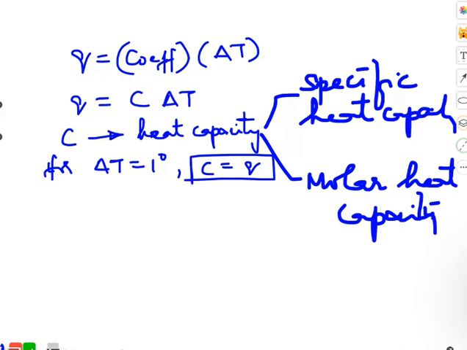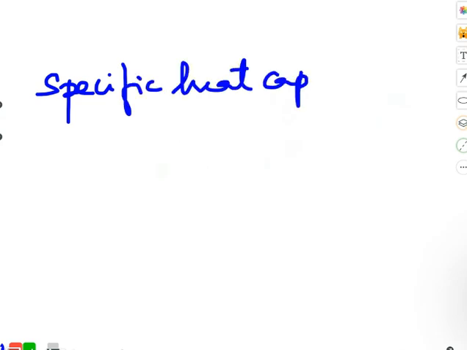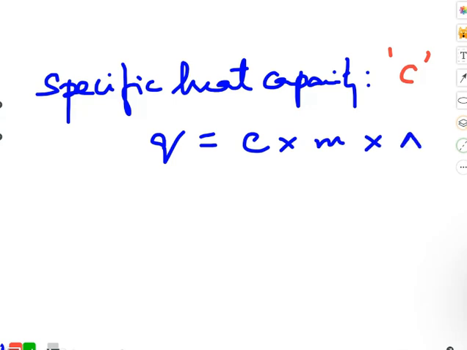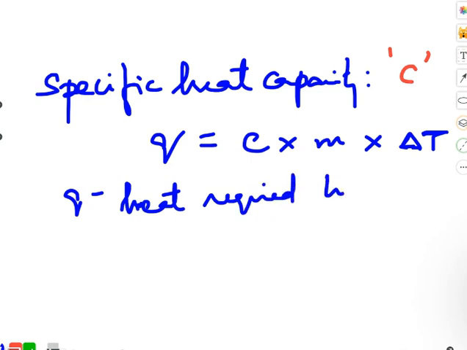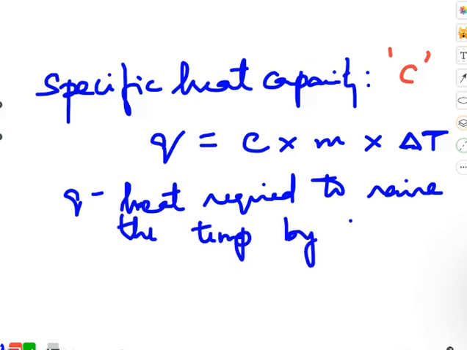So here, in case of specific heat capacity, Q is c times m times delta T. Q is the heat required to raise the temperature by 1 degree.